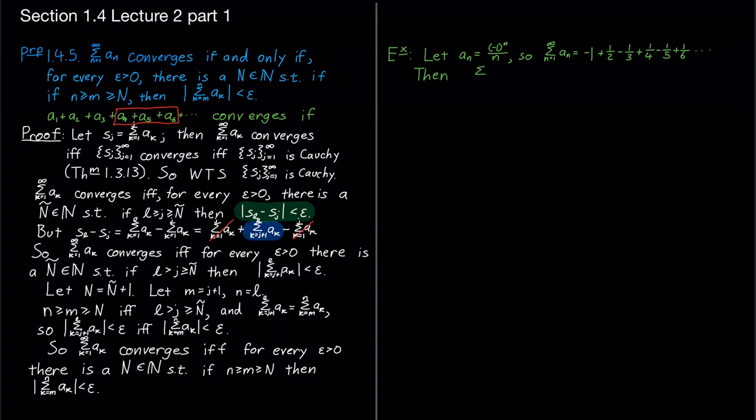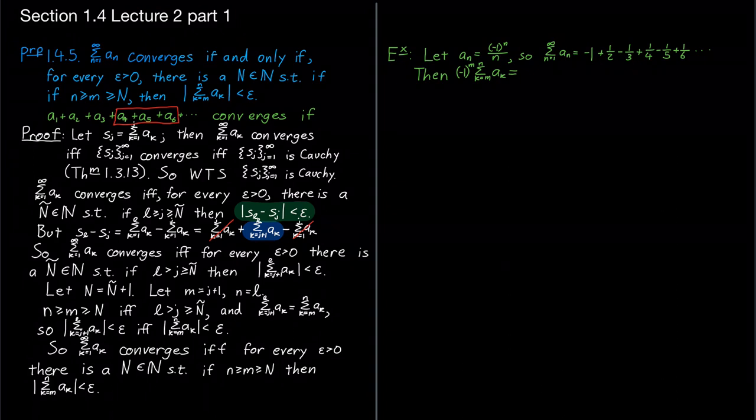Let's take a partial sum from k equals little m up to n of a_k. I'm going to go ahead and multiply this thing by minus 1 to the m, because whether this partial sum is small, multiplying it by plus or minus 1 isn't going to change that.